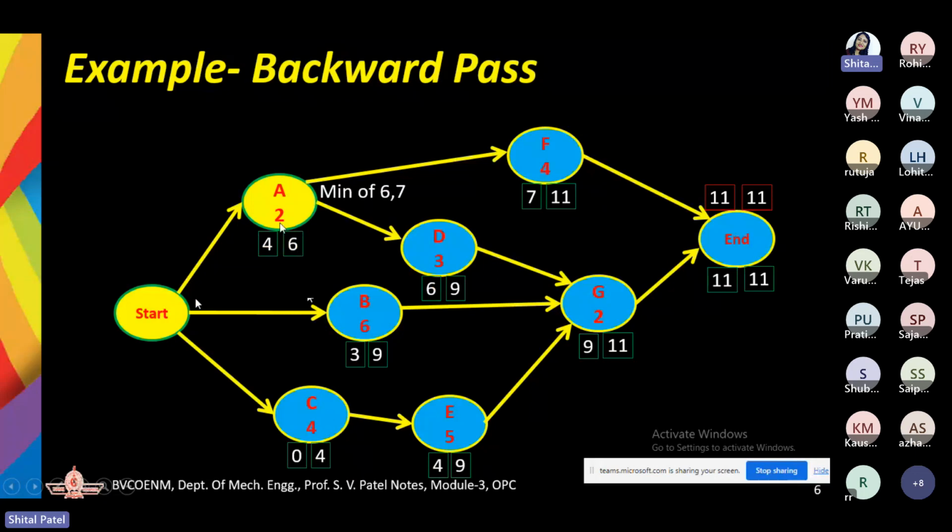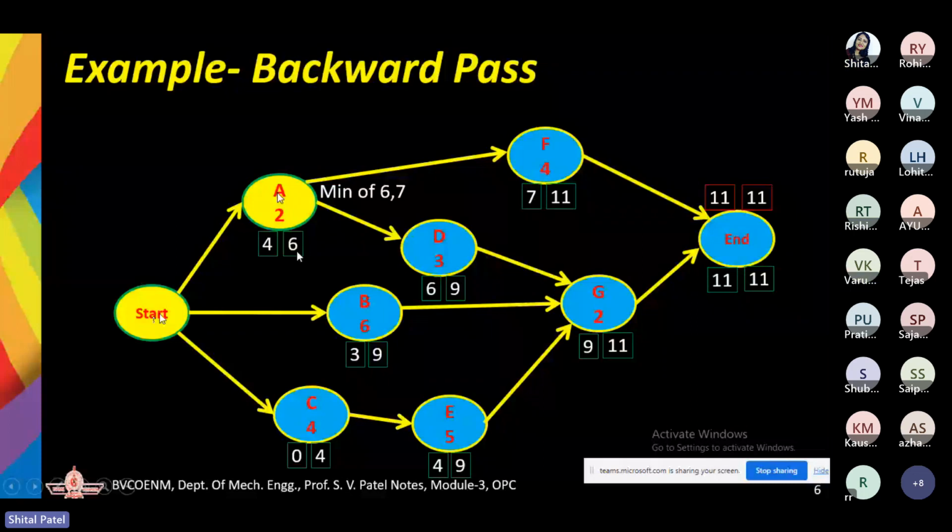Right? Now, again for the start activity, it is a bursting event because from the start node, we are having activities A, B, and C. So now we have latest start time for A is 4, latest start time for B is 3, and latest start time for C is 0. So which one we are going to consider?